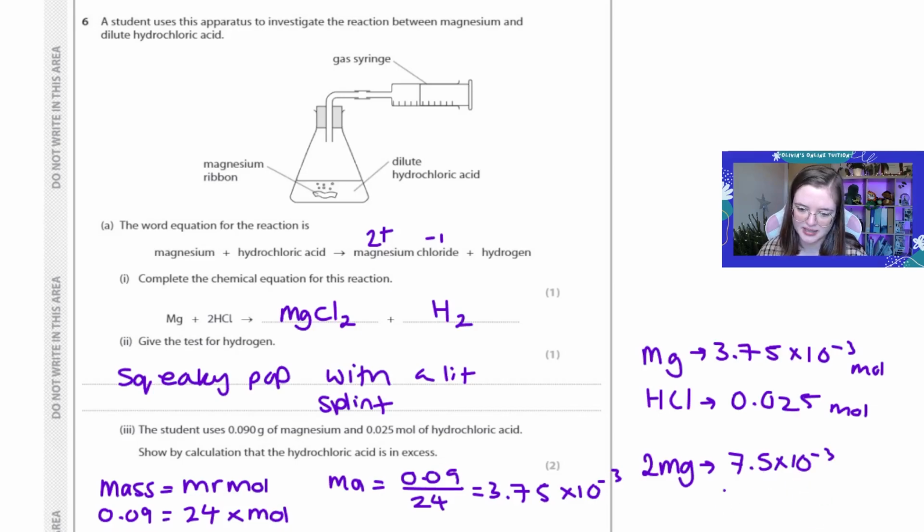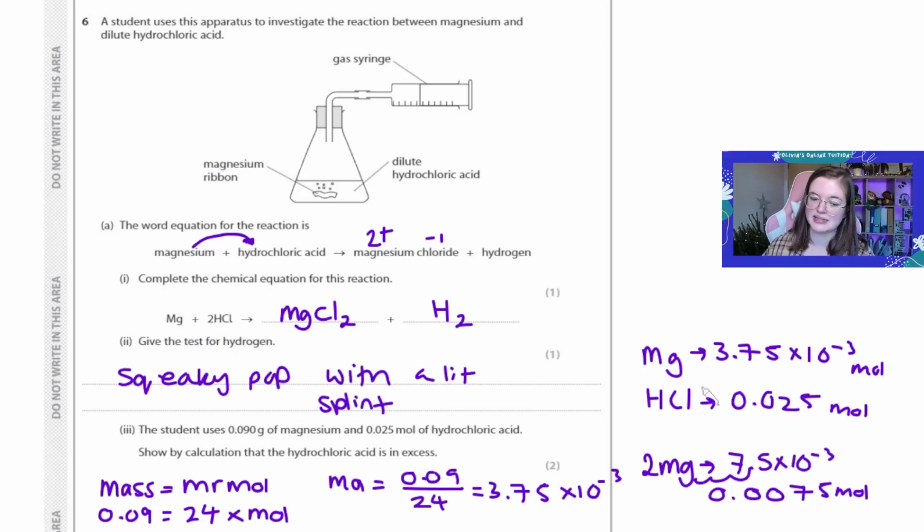So if we convert this, it is 0.0075. There we are. So this is how many moles of HCl we actually need, because we need double the amount that we have for magnesium. However, we have loads more than that, right? We have 0.025 moles, loads and loads more.